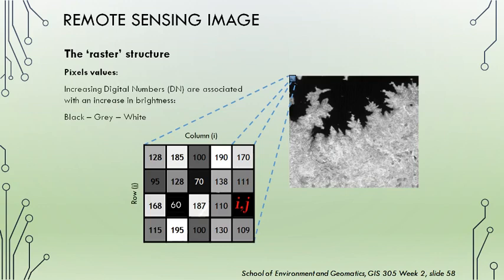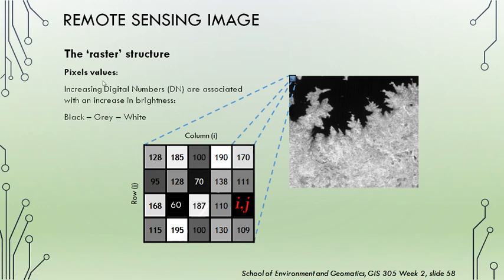So a raster is more or less a black and white image. We're now pretty familiar with digital imagery, where data is delivered in rows and columns that define pixels or cells. And each cell is associated with a given value.